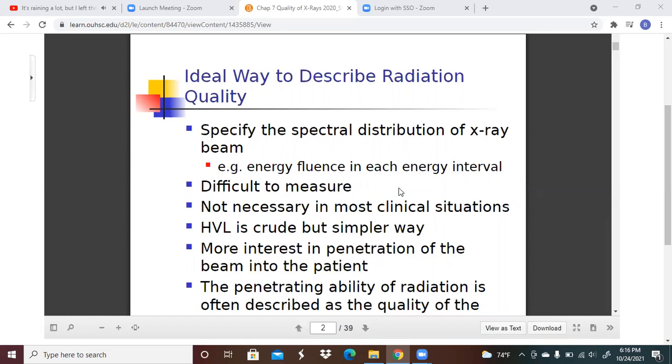Now, that's going to be hard to measure. And in most clinical situations, seeing as how you're looking at things somewhat empirically, if you can take a look at the effect of what's going on, as long as you're ruling out being exposed to something so dangerous that you can't have any part of that in the beam, in most cases, you can just take a look at the effect and you're not really that concerned with the specific composition.